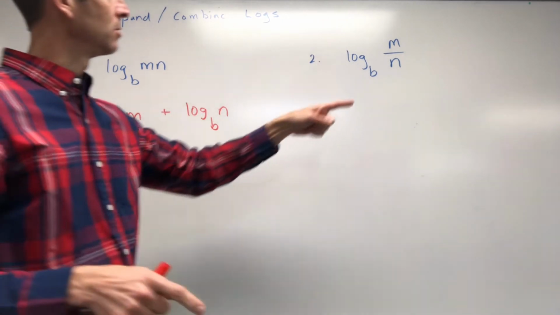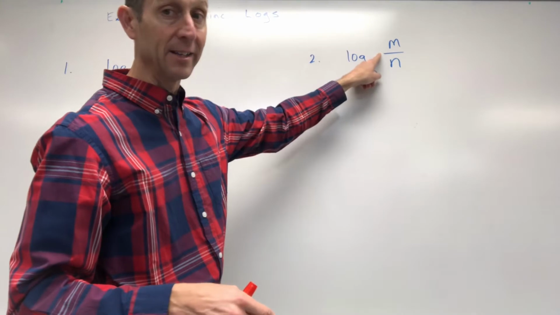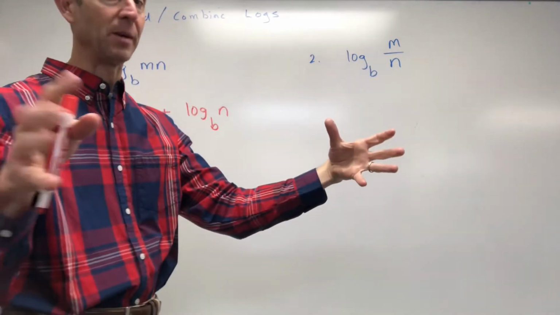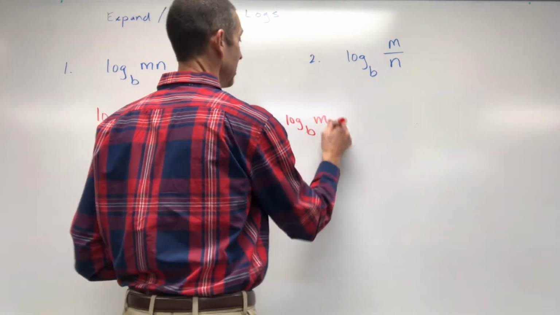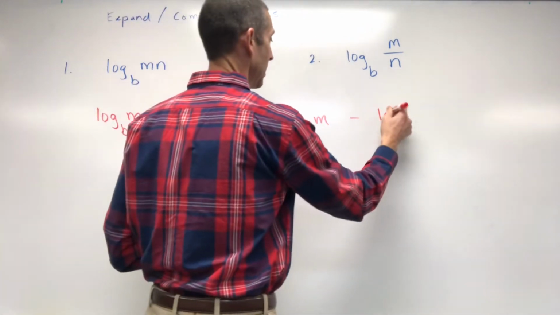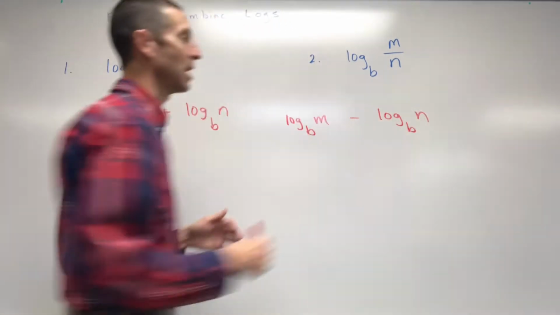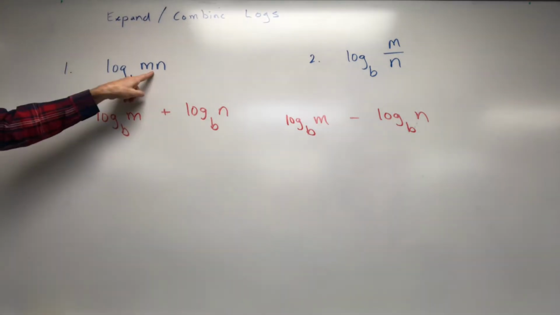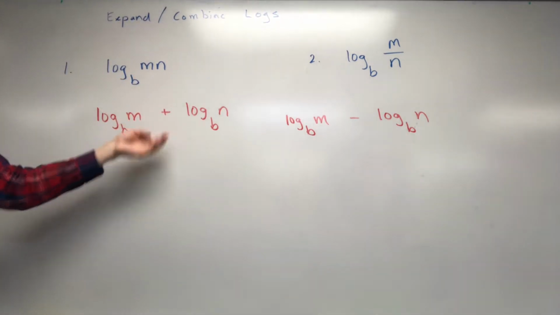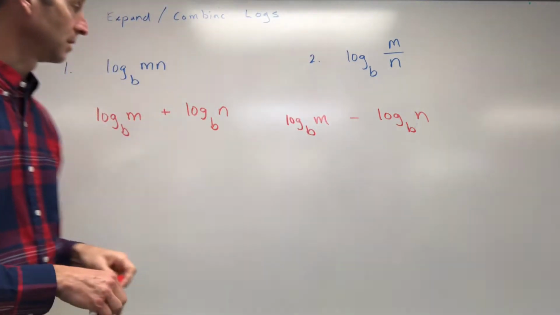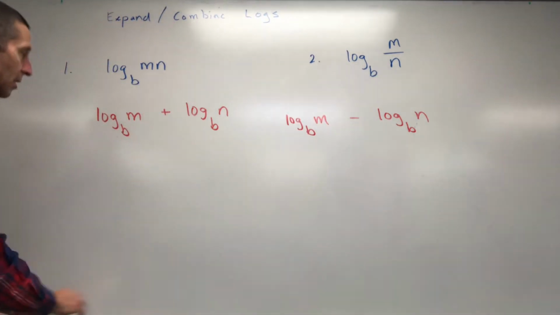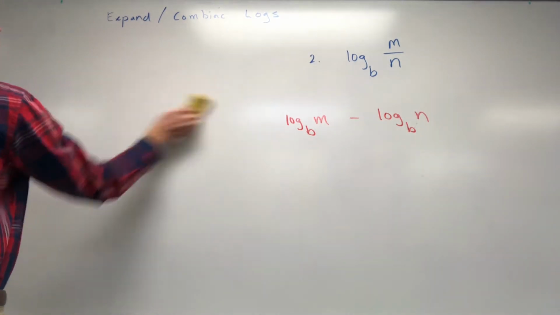Second, when they are divided, you can expand them by subtraction. Your logarithm that's on top comes first, subtract the logarithm that is on the bottom. So real quick, multiplied, expand by adding. Division, expand by subtracting.